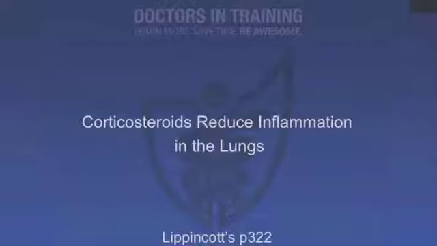In an asthmatic, they cough and cough and cough, because the more they cough, the more inflammation they get in their lungs, and then the more they cough. So the corticosteroid medicine is used to break that cycle and decrease inflammation. The corticosteroids also can have an effect on the smooth muscle.